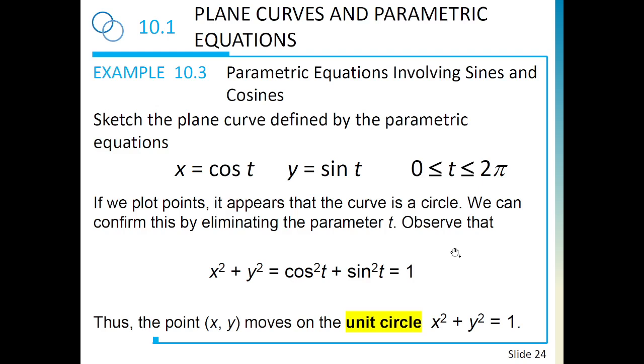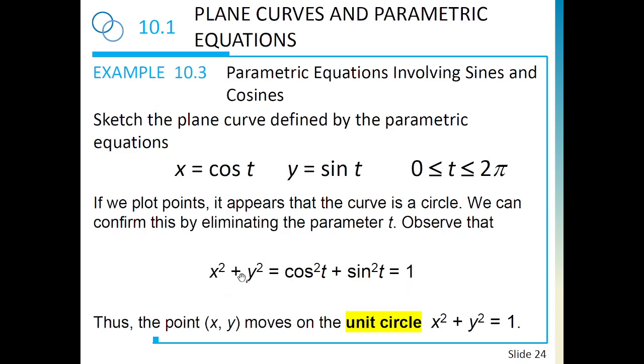Obviously again we can draw a table with different values of t, compute corresponding values of x and y, and put the dots on the graph and then connect the points. So there is nothing wrong with that. However, we can also observe that if I have x squared, which is cosine squared, plus y squared, which is sine squared, I'll get 1.